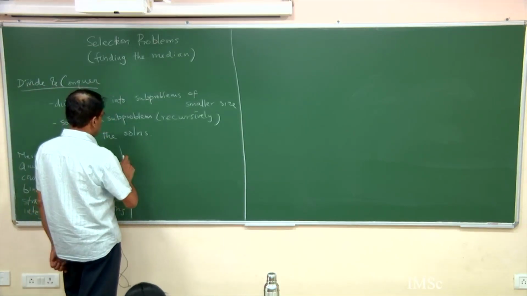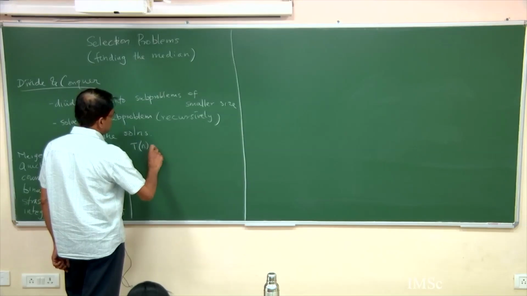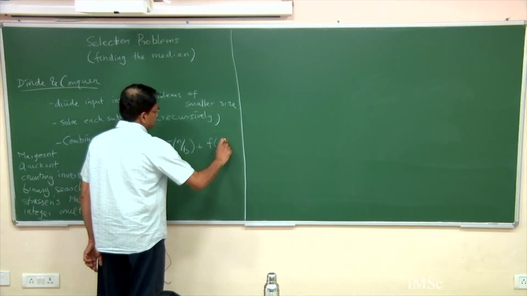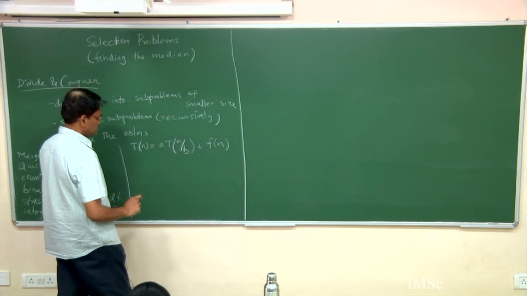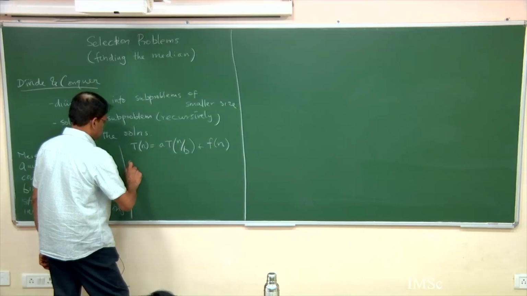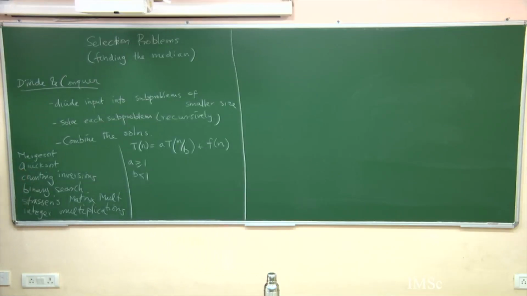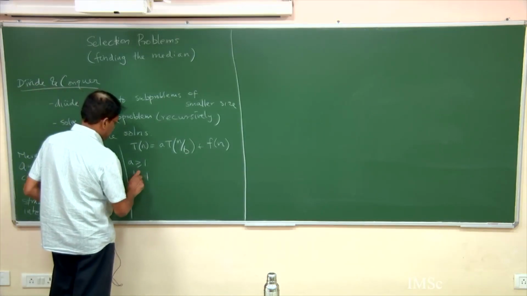So, a typical recurrence relation is something like this. a is at least 1 and b is strictly greater than 1.